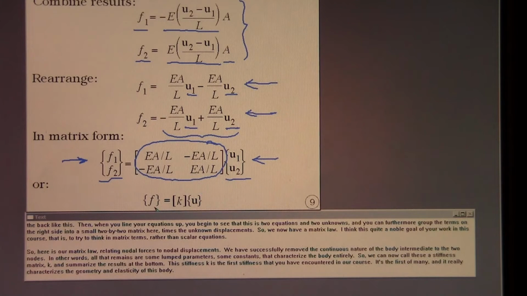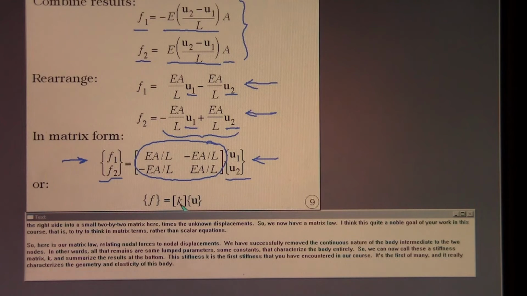So we can now call these a stiffness matrix K and summarize the results at the bottom. And this stiffness K is the first stiffness that you have encountered in our course. It's the first of many, and it really characterizes the geometry and the elasticity of this body.